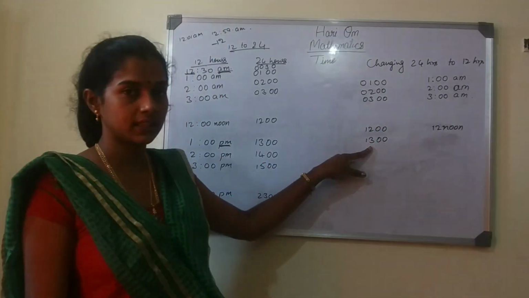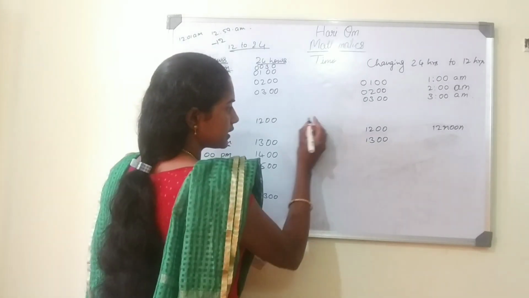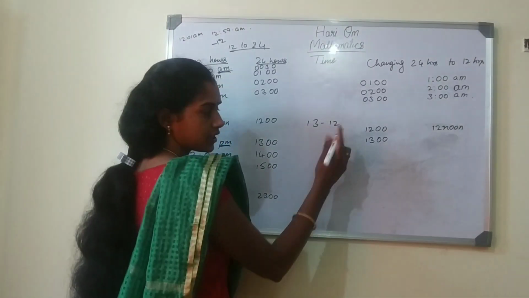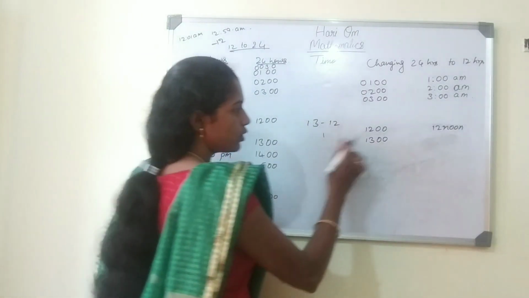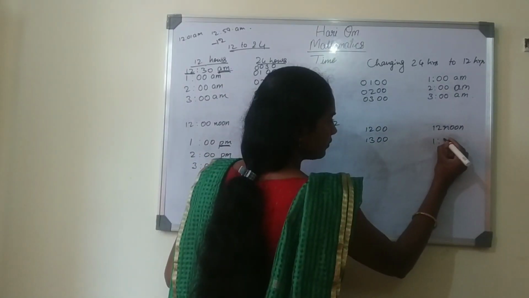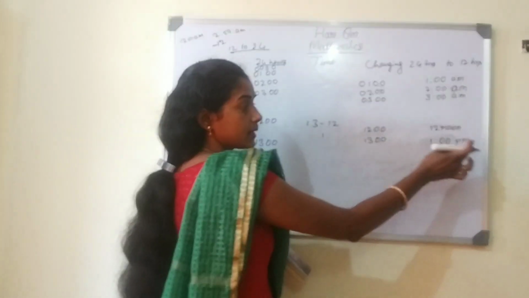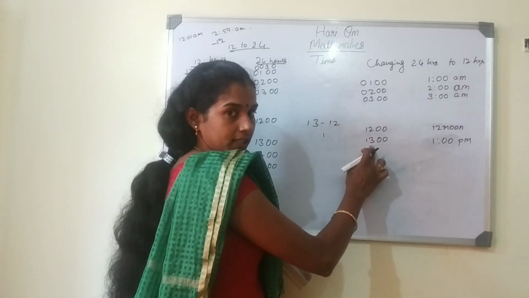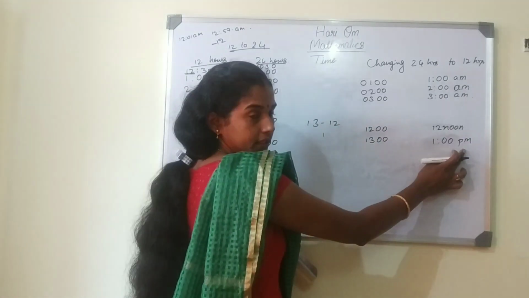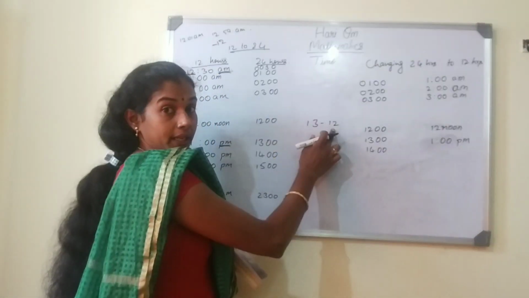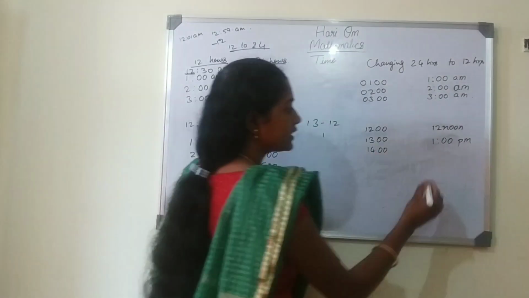If it is 13, we have to subtract 12. 13 minus 12 is 1. So 1 PM. 13 is PM. 13 minus 12 is 1 PM. If it is 14 hours, 14 minus 12 is 2.